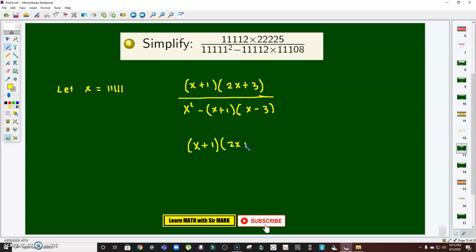By FOIL method, so that will be x squared. Next, by FOIL method, this one will become x squared. Diretsuhin ko na. Since preceded by minus sign, that will be negative x squared. See that? Next, outer. So, that is negative 3x. My inner is x.